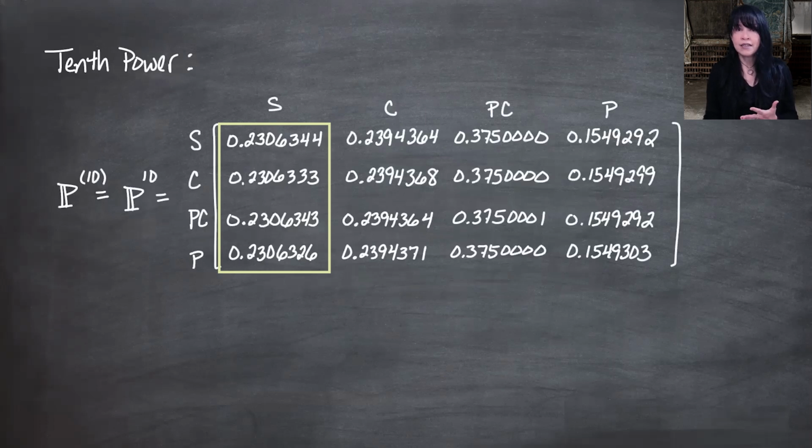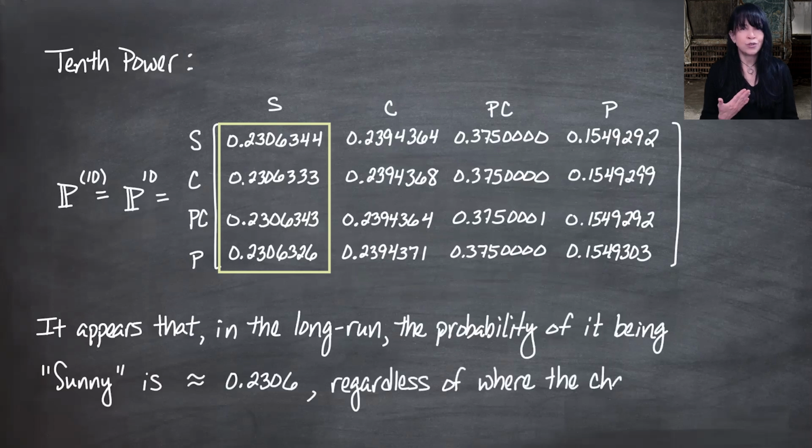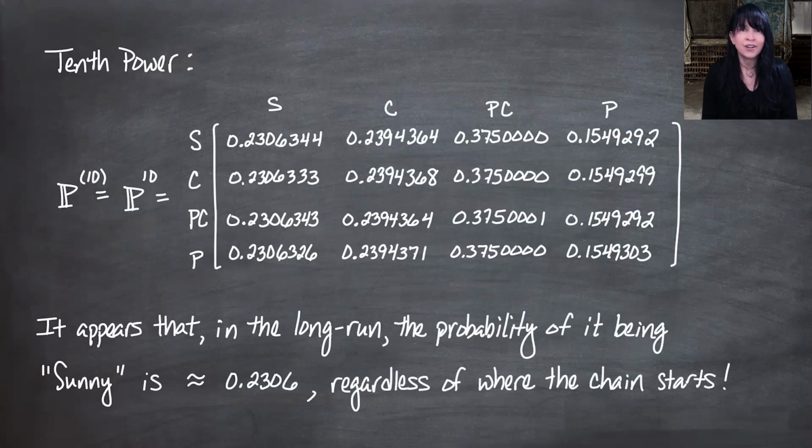It represents the probability of transitioning to sunny after several time steps, and it appears to be independent of where we start the chain. So start at sunny, or start at cloudy, or start at partly cloudy, or start in precipitation. But after 10 steps or 20 steps or 30 steps, it appears that the probability you're going to be sunny or cloudy and so on is going to be the same no matter where we started.